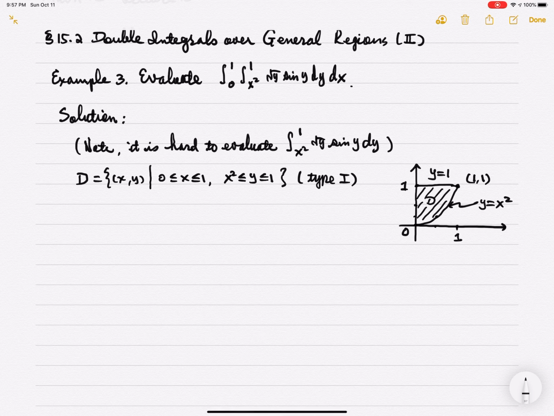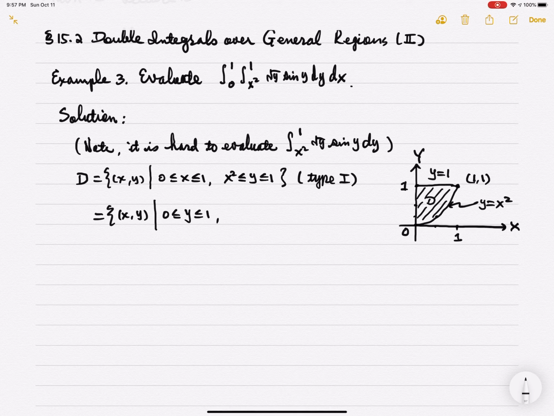Of course, this region we can write as a type 1 region as we did here. We can also write it as a type 2 region. Now you see y changes from 0 to 1. Notice when we switch the order, it's not just switching dx dy.